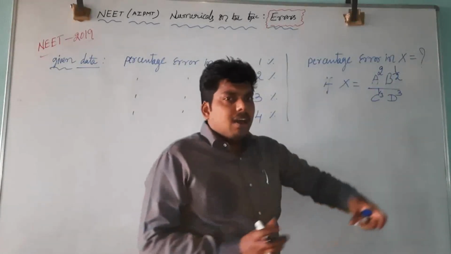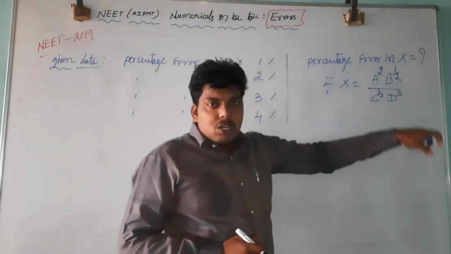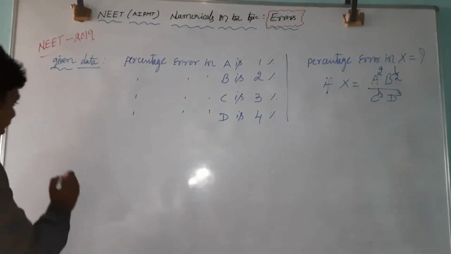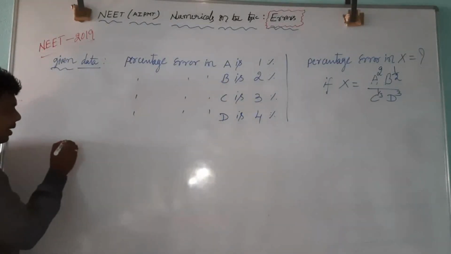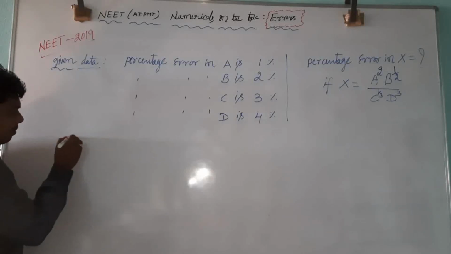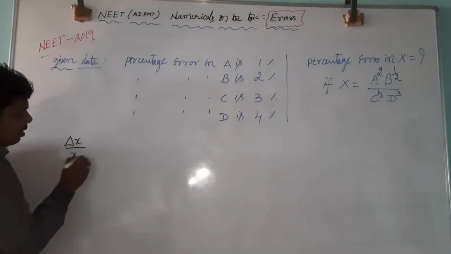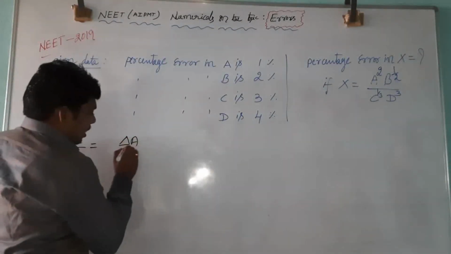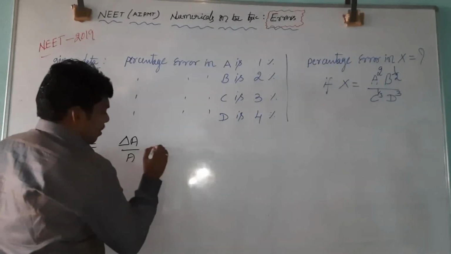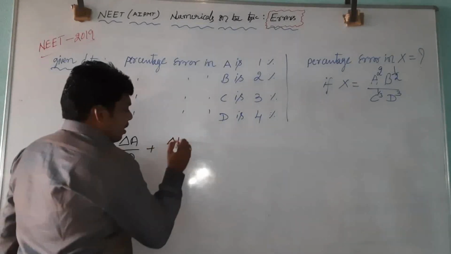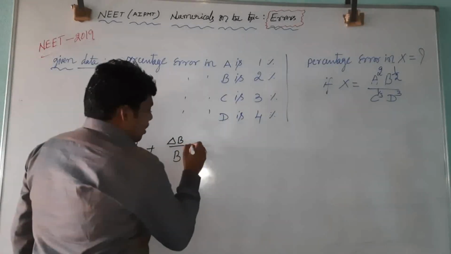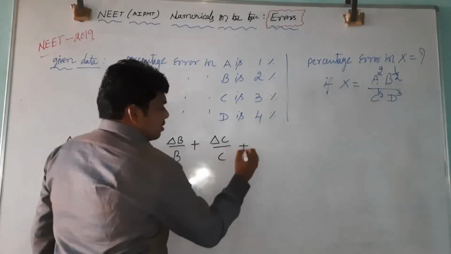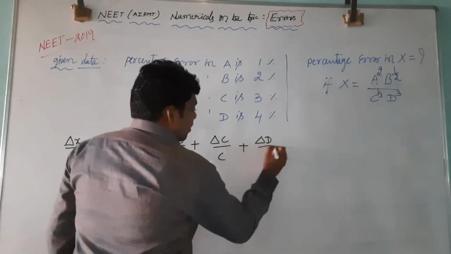Means that we have to add all the relative errors which are present in the given physical quantities related with X. That is, relative error in X, delta X by X is equals to delta A by A plus delta B by B plus delta C by C plus delta D by D.